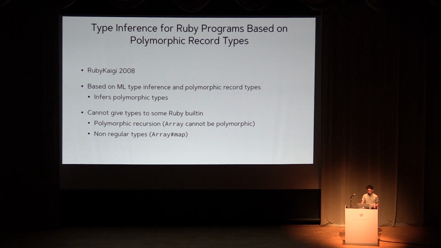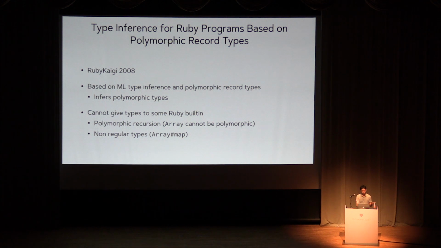The polymorphic record is a simulation of structural subtyping. Because it's a bit weaker than structural subtyping, it's possible to infer the polymorphic types using polymorphic record types. So the implementation infers the polymorphic types from the Ruby program.